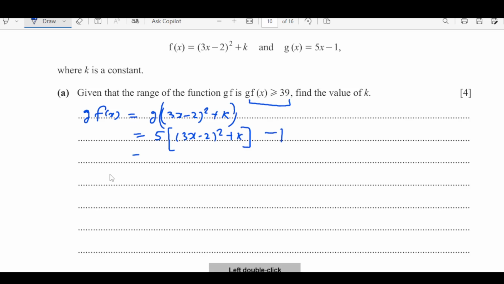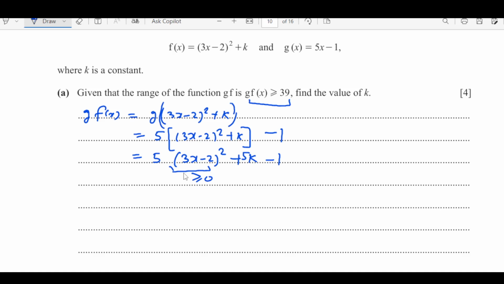Now expanding the bracket, I don't think we need to expand it. We can write it as it is, then plus 5 multiplying here as 5k, minus 1. Now this squared value is always going to be greater than or equal to 0.